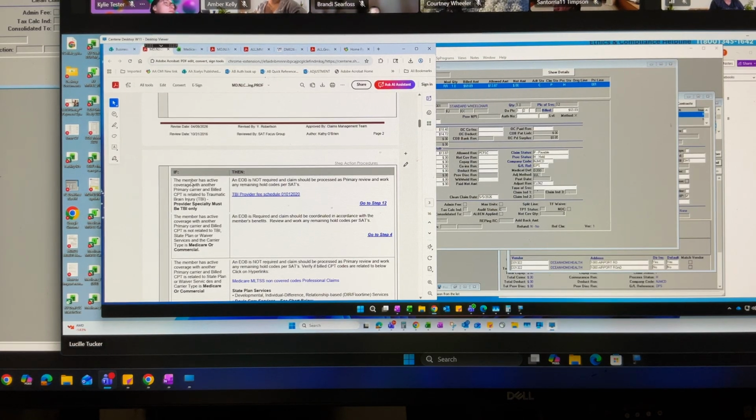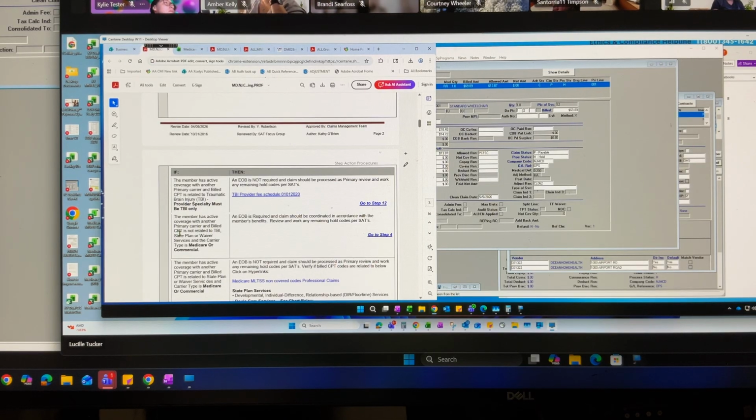Right? So what they want us to first check is, member has active coverage with another primary carrier and the billed CPT is related to TBI. Provider specialty must be TBI. What the state of New Jersey does is they have us process those as prime. The member has active coverage with another primary carrier.